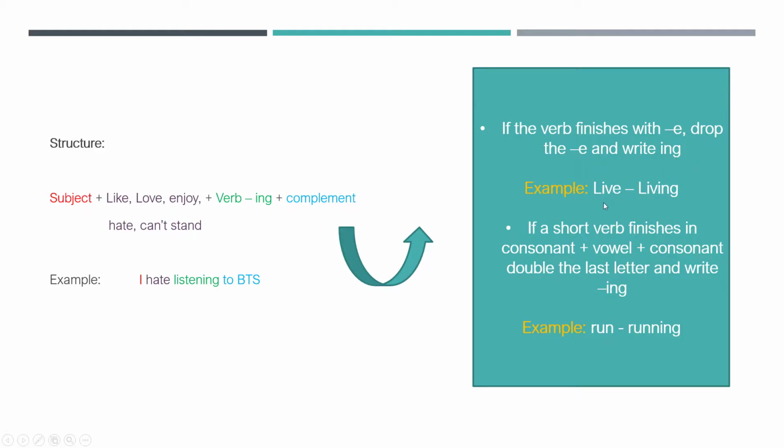For example, the verb live, you have to write living without the E. And if a short verb finishes in consonant plus vowel plus consonant, you have to double the last letter and write the ing. For example, the verb run, running, with double N in this case, okay?